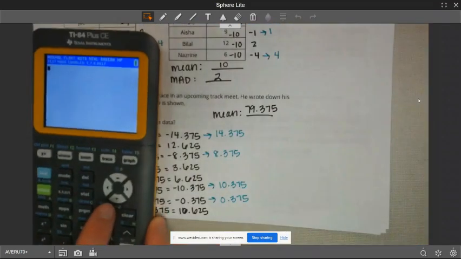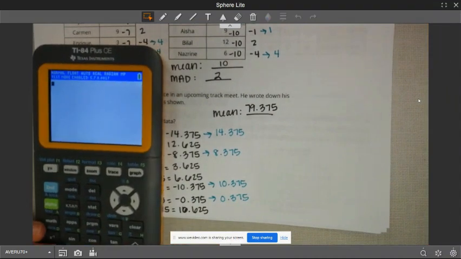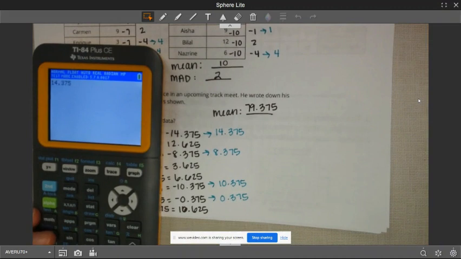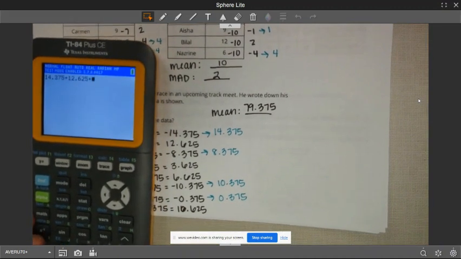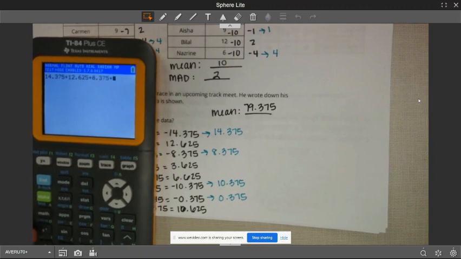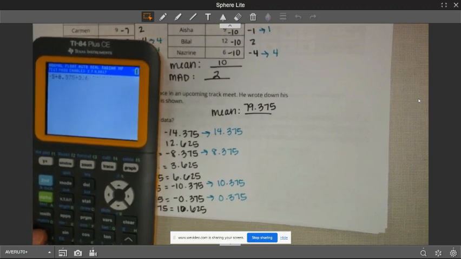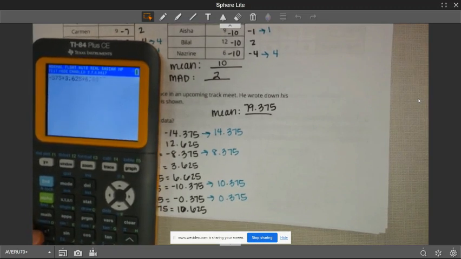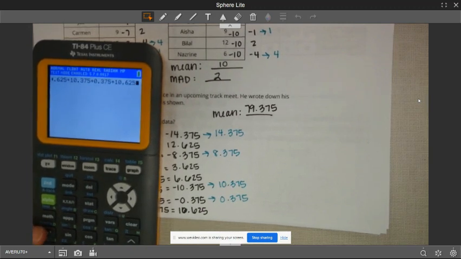Now I'm going to add all these numbers together, and then I will divide by the number of numbers I added, which should be the same number I divided for the mean. So 14.375 plus 12.625 plus 8.375 plus 3.625 plus 6.625 plus 10.375 plus 0.375 plus 10.625.